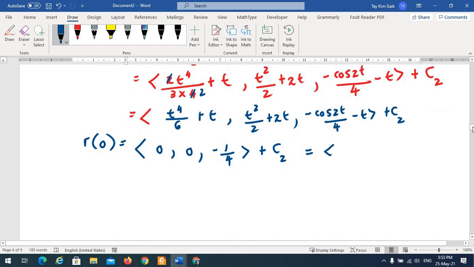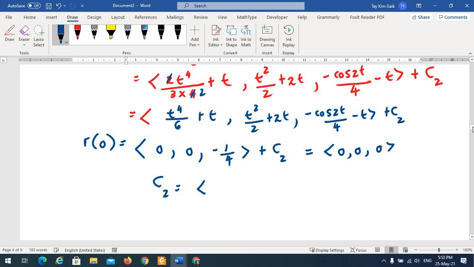Hence C2 is 0, 0, 1 over 4. This one, bring to the right-hand side as negative. Here is 0, 0. Components i and j are 0. Component k, negative 1 over 4, brought to the right-hand side becomes positive 1 over 4.